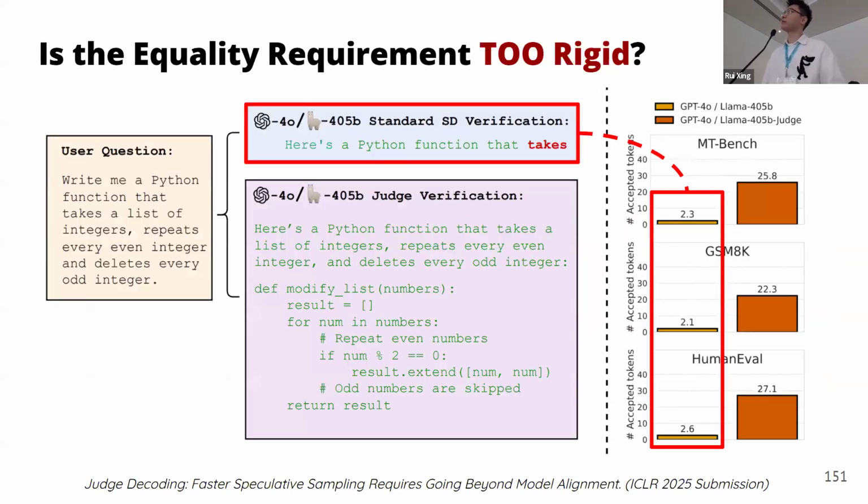And the third experiment is replacing the draft model with GPT-4o. GPT-4o is a very large, very powerful model, like a human expert, right? They use GPT-4o to speculate the results of Llama 405 billion, and the performance is very awful. They only get an average of 2 tokens that pass the verification.